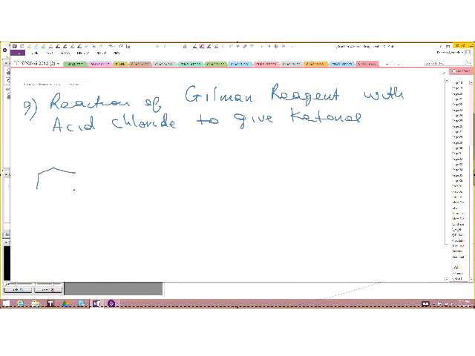If I have this molecule here, we call this acid chloride. And I have Gilman reagent. Let's use this here.